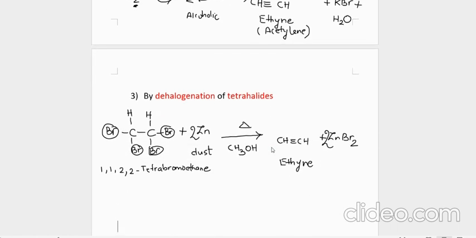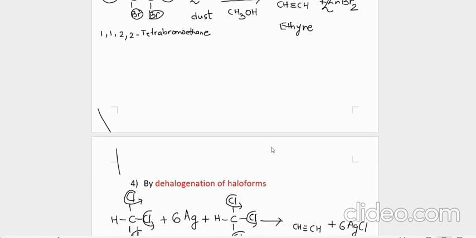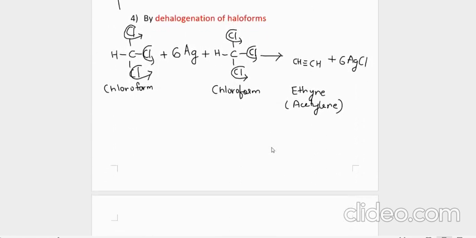Coming to the third reaction, by dehalogenation of tetrahalides, take 1,1,2,2-tetrabromoethane, react it with zinc dust, remove byproduct ZnBr2, and the remaining is ethyne. This reaction takes place in presence of methanol. The fourth reaction, by dehalogenation of haloforms, take two molecules of chloroform and 6 Ag. Remove 6 Ag in the form of 6 AgCl.